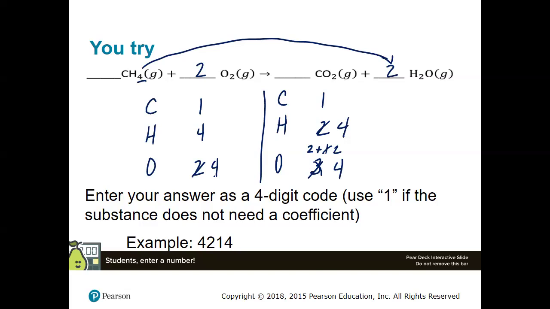And the rule of thumb is this: if I have an odd number of carbons, I will be able to balance it straight up. If I have an even number of carbons, I'm going to end up having to double it. Now, we already can see the odd example here.